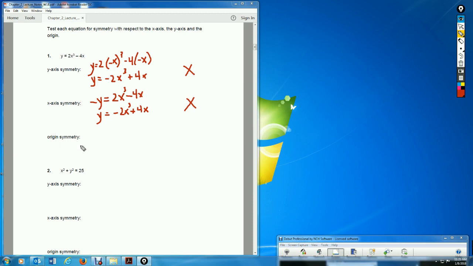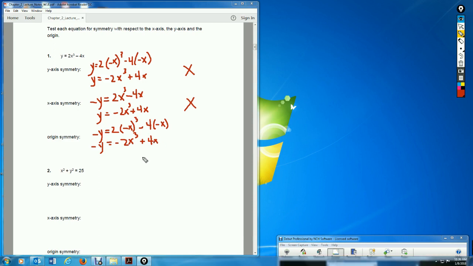Test it for the origin, replace both x and y. So I'm going to have negative y equals 2 times quantity negative x cubed minus 4 times negative x. Negative y equals negative 2x cubed plus 4x.